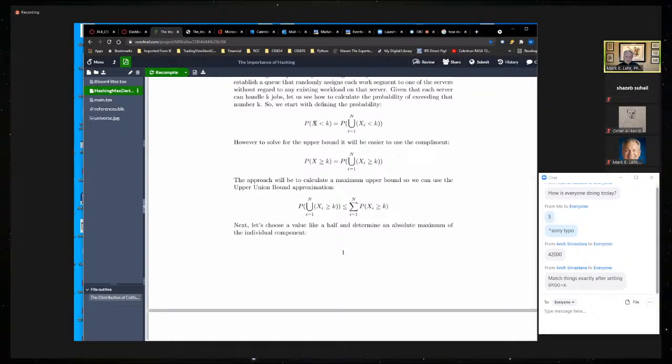So this would be equivalent to any server in the data center being less than or equal to k. And so that's equal to, if I unionize all and each and every server, okay? So this is what I've got to go away and calculate.